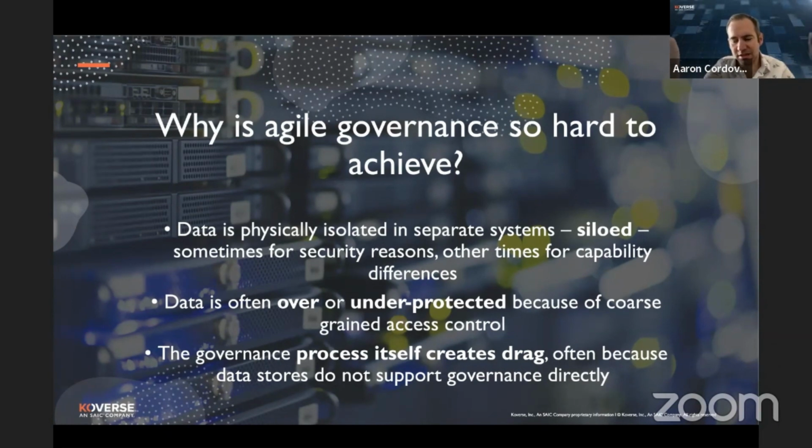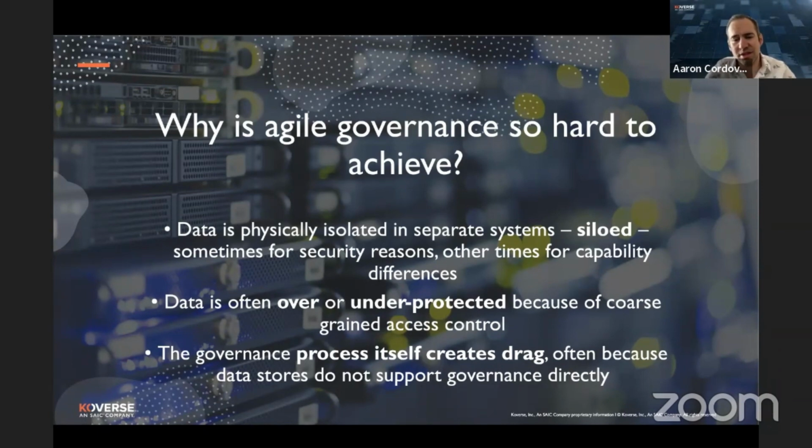If the data is, again, non-trivial in size, and it's siloed into different stores, I'm physically limited in terms of what I can do with that data. If I try to combine two entire data sets that are physically separated, I'm constrained by the capabilities of the network. I'm constrained by, if they're geographically separated, the speed of light might affect how quickly I can bring that data together.